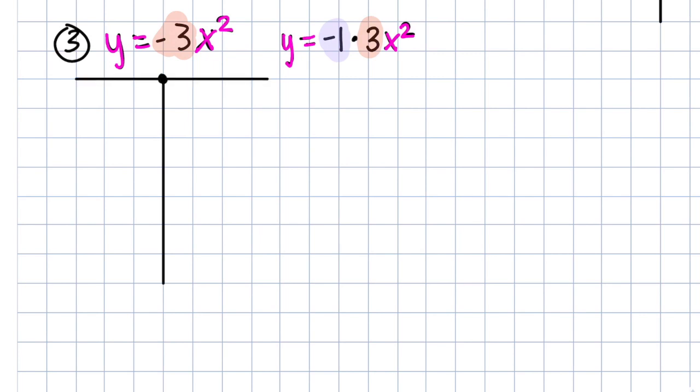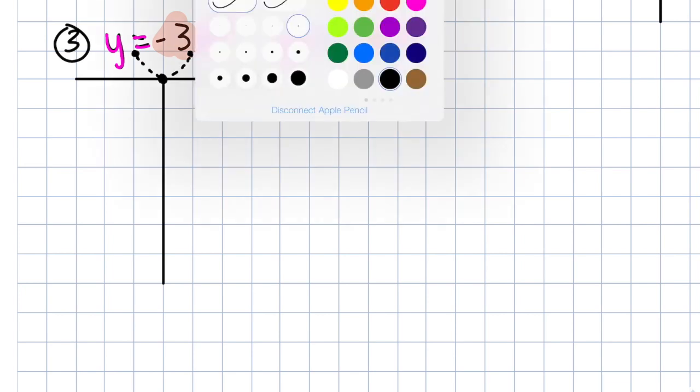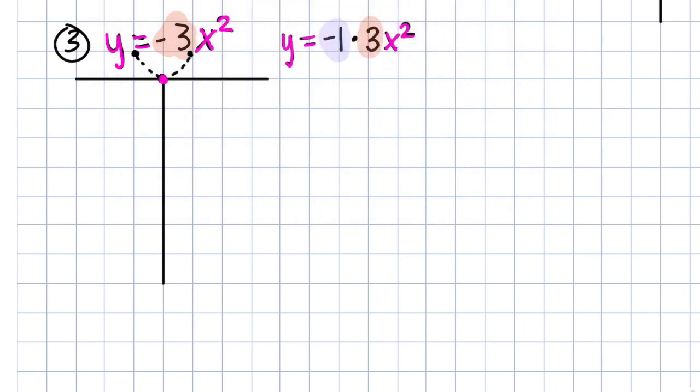Okay, it's going to share the common point with our parent function. But instead of going up 1, it's going to go down 3. So we go right 1, down 3. And then 2 squared would be 4. So we would normally have our point right here, but we want to go 3 times that length.